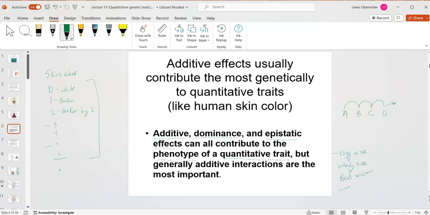And a lot of times geneticists need to know that, right? If I want to make bigger strawberries, I would need to know, well, what causes the size to vary in strawberries? Is it epistasis? Is it dominance? Is it an additive effect? Is it the environment, right?